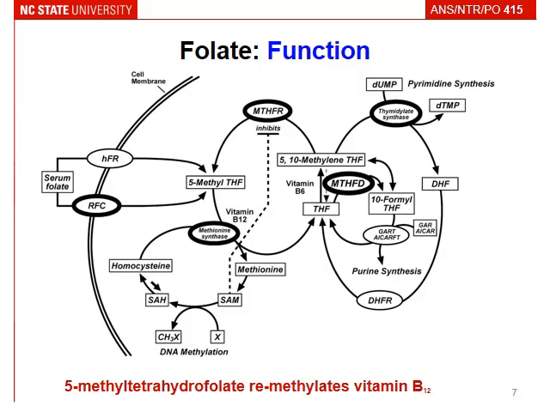So here we have a summary of folate's function in one carbon metabolism. You can see there are actually 3 cycles. We have our SAM cycle down here, our folate cycle up here, and then our purine or pyrimidine cycle here.